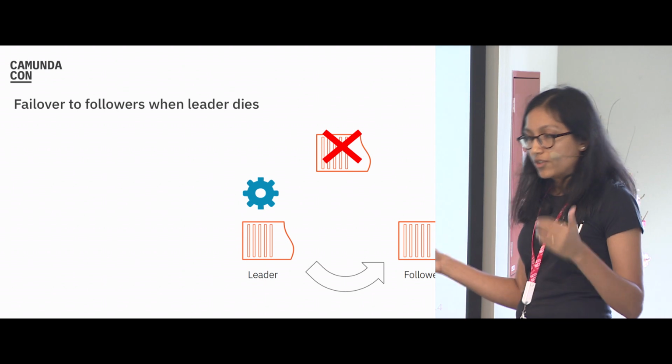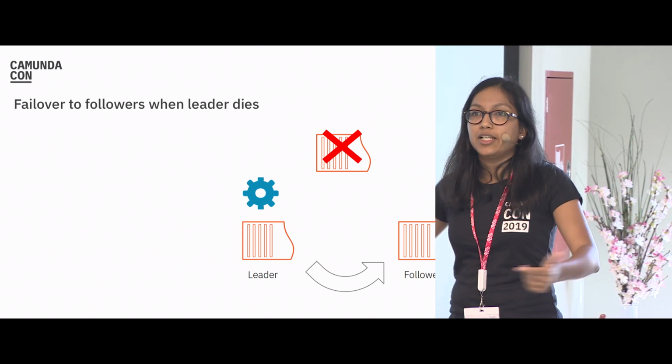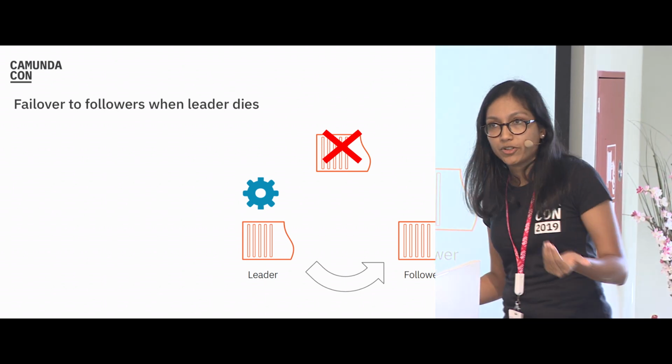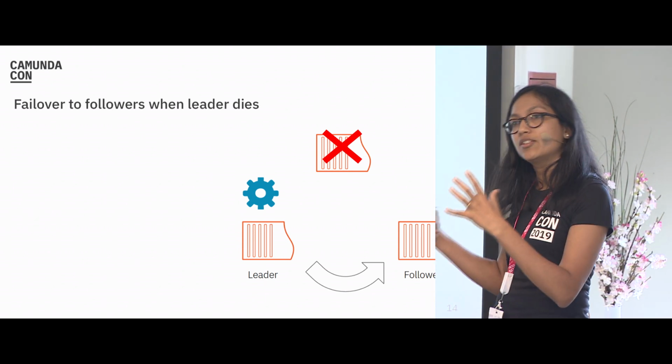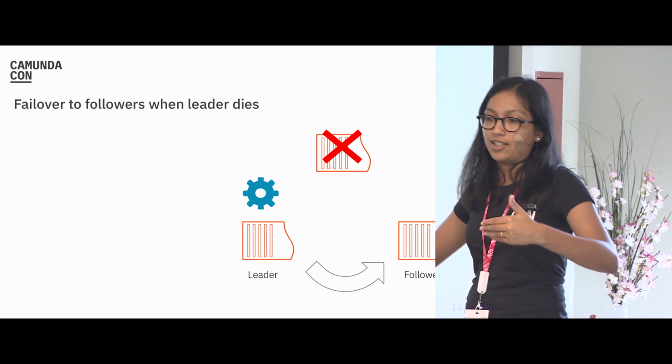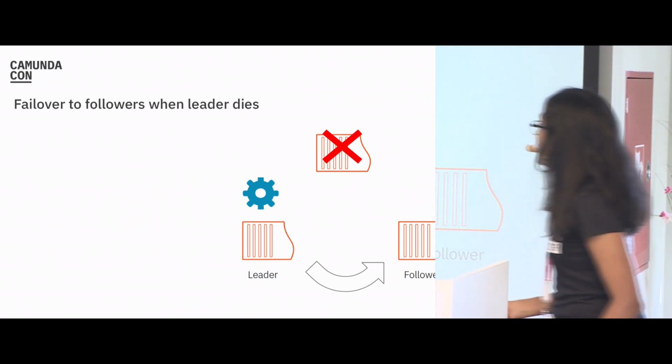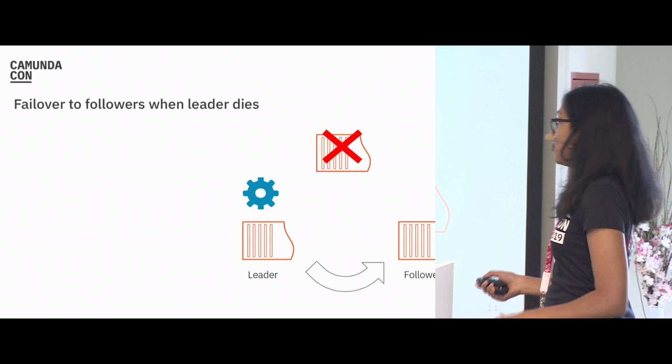We don't have any central component that decides who is the leader. We again use the Raft protocol, and the replicas talk to each other and decide. It's like a democratic election: they choose who's the leader, and then it can continue processing.